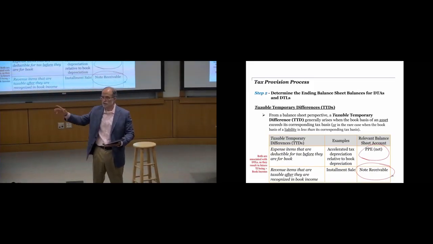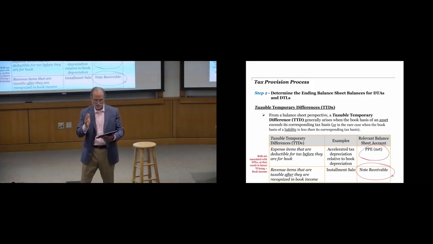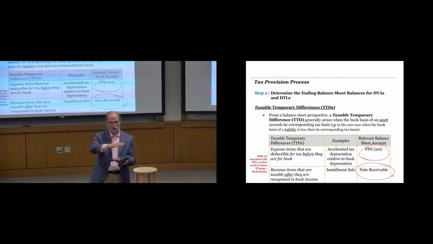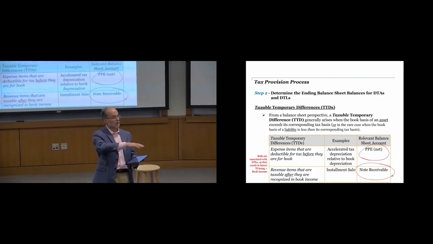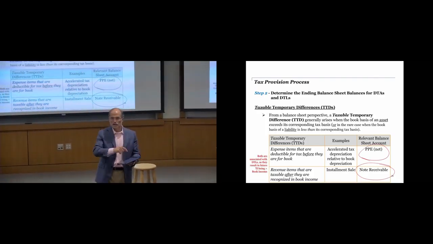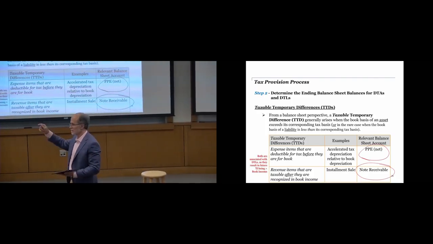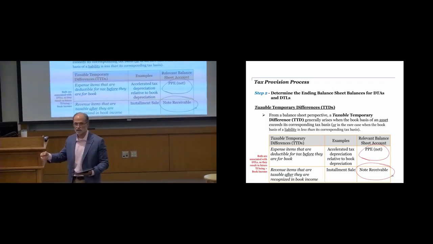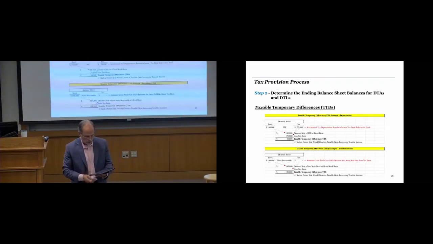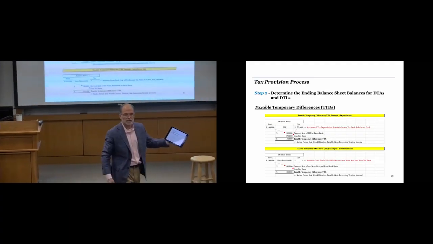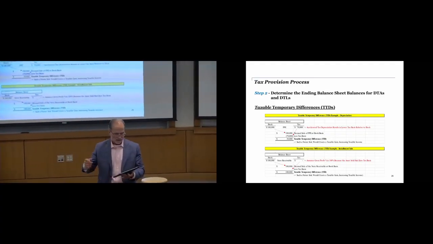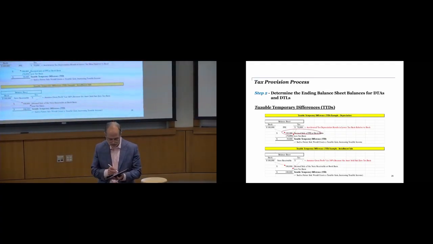In property, plant, and equipment, accelerated depreciation means you have a lower tax basis than you have book basis. Here you're always deemed to sell the asset for its book basis. That's the whole fiction. That's what I tried to depict in these examples. The spreadsheet is a fictional sale, a deemed sale of the asset.